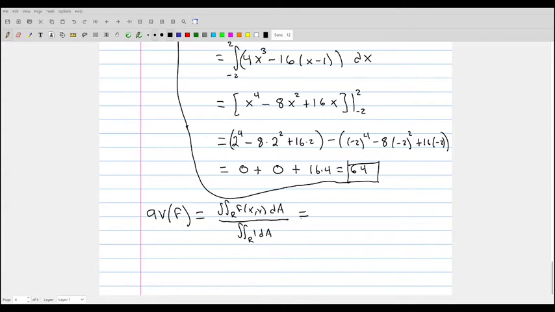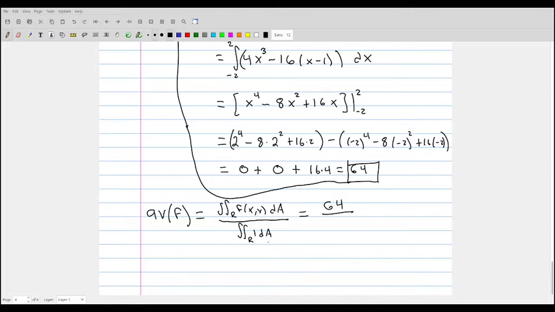Now, this will always simplify down to just the area of a rectangle for rectangular domains only, but because we have a rectangular domain, we know that this is exactly equal to 4 times 4. So the average value of this function is the accumulation of the function, which we found to be 64, divided by the area of the region.